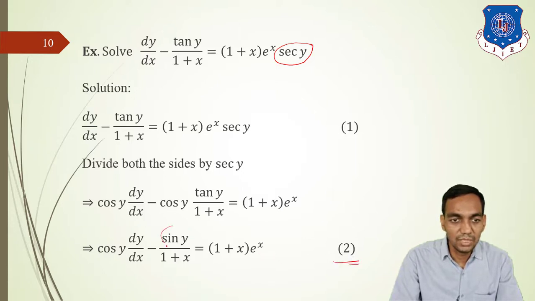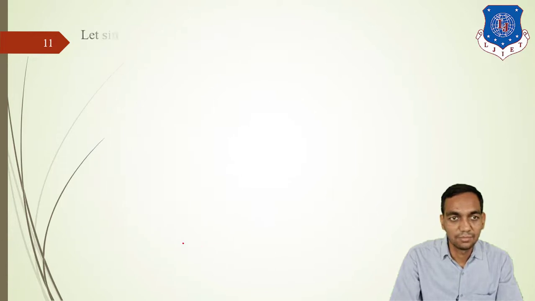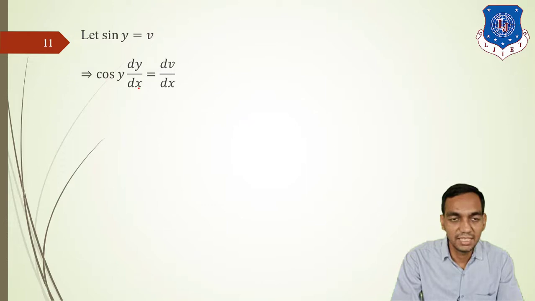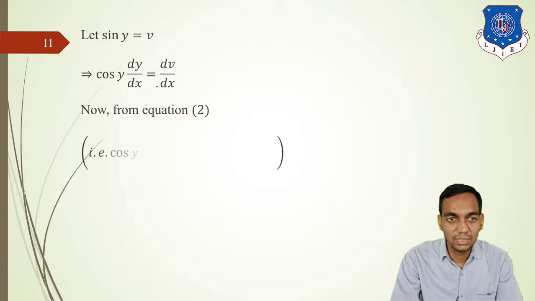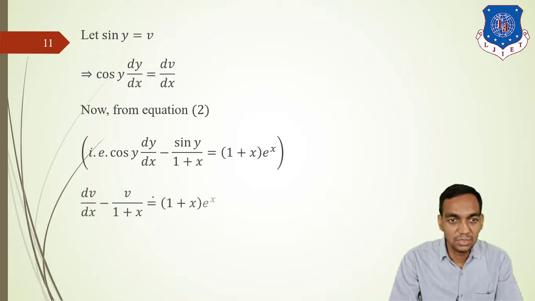So we are assuming that sin y is equal to v. So sin y is equal to v, that will give you cos y dy by dx is equal to dv by dx. And if you put this in equation 2, then directly this term is going to be dv by dx minus v upon 1 plus x is equal to 1 plus x e raised to x.